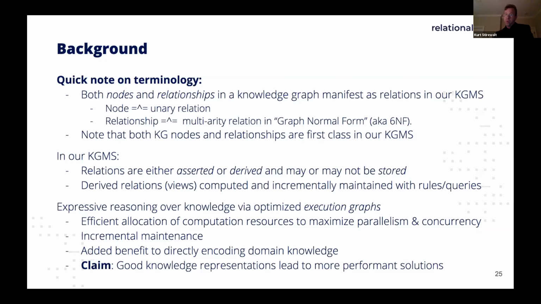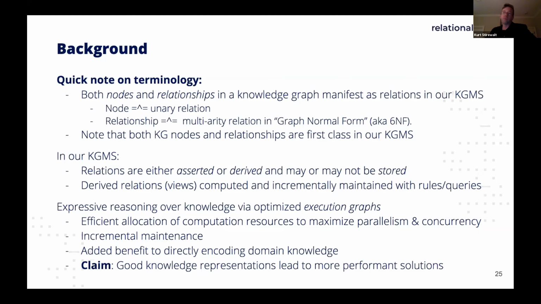In particular, a knowledge graph node, or class of nodes, is a unary relation in our knowledge graph management system, and a relationship is a multiarity relation in what's called graph normal form, also called 6NF or 6 normal form. Now, what's interesting is that both nodes and relationships are first class citizens in our knowledge graph management system. And in our context, these relations are either asserted or derived, and may or may not be stored.